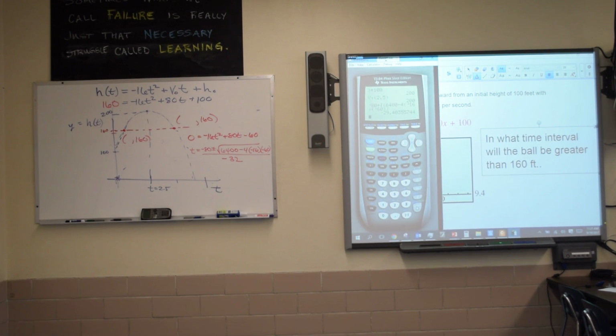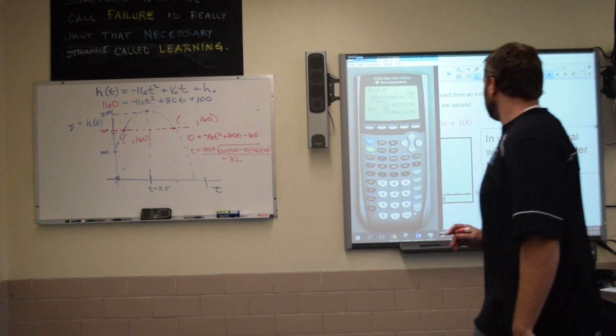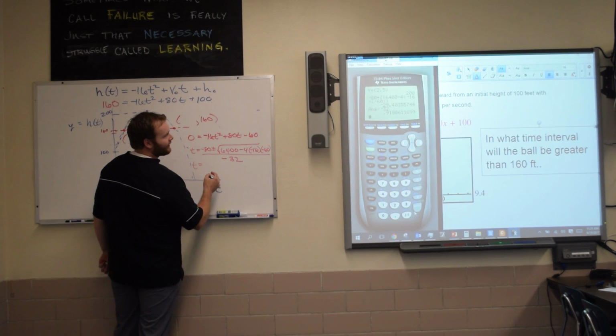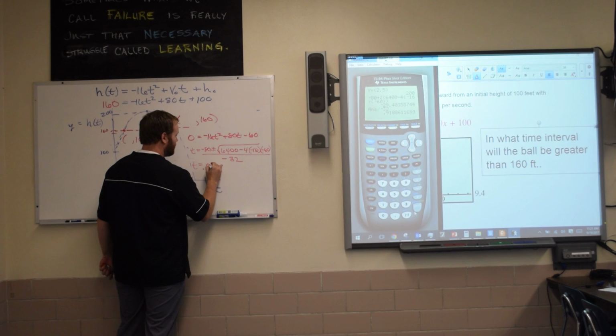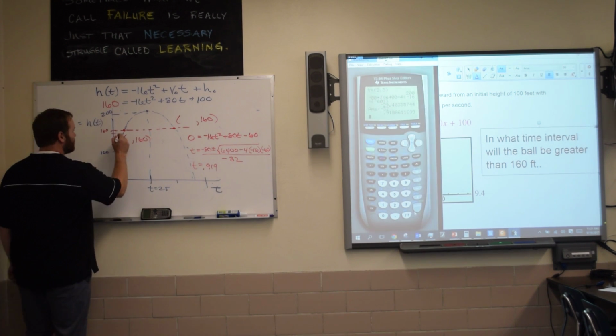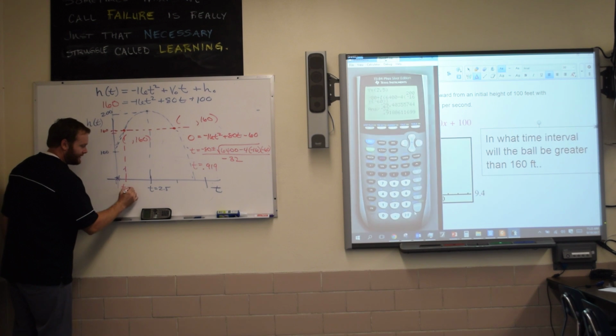And that's the numerator. I'll divide the numerator by negative 32, right? So one time value is, we'll just say, 0.919. Okay, 0.919. So that would be that t value right there.